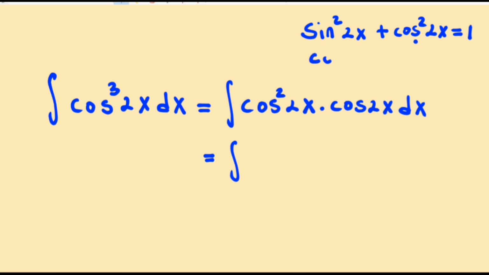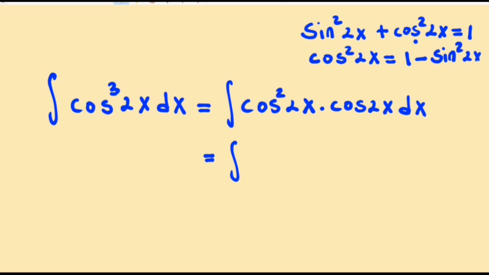So we'll have the cos squared of 2x equal to 1, and we take the positive sine squared 2x across, changing sign to negative sine squared of 2x.